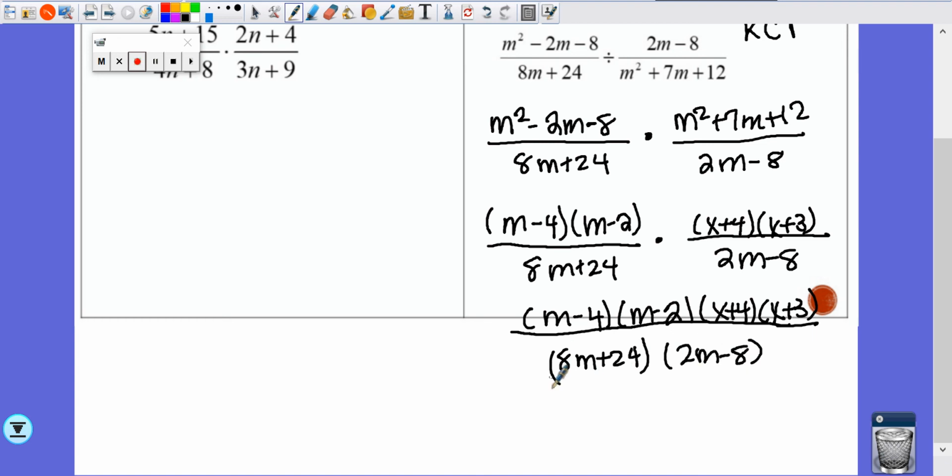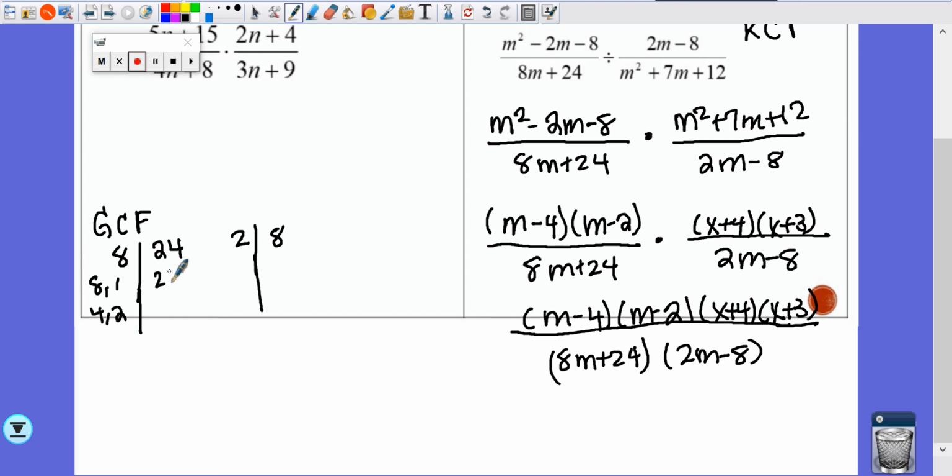Alright, so my bottom is not completely simplified. I see greatest common factors here and a greatest common factor here. So I'm going to go ahead and do my GCF for 8. And as you get better, you'll move away from this chart. 4 and 2, those are all the factors.